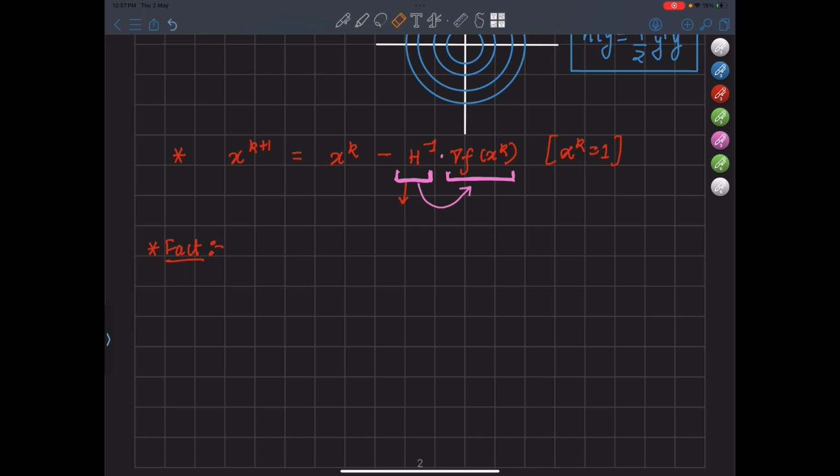So this is basically what Newton's method is.